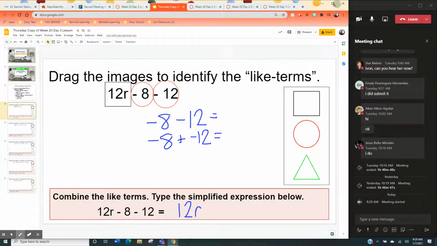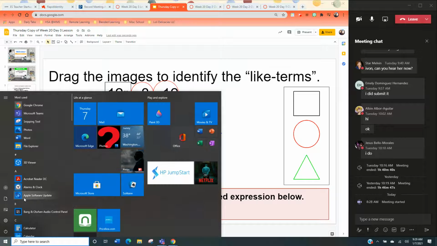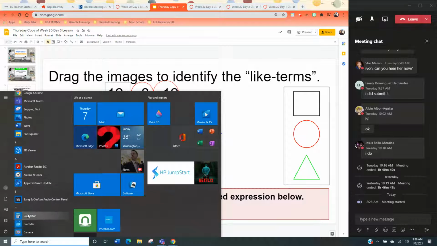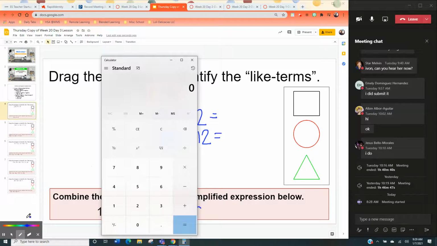And if you have a calculator with you, I'll show you what I mean by that. I can just do calculator and I put in negative 8 minus 12, and that'll help me figure out my answer.